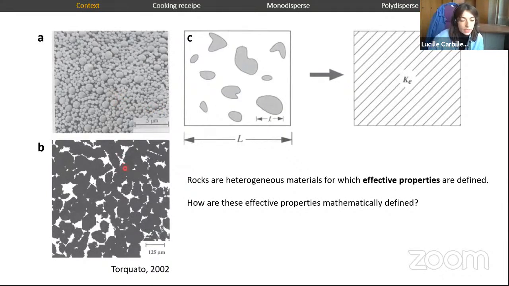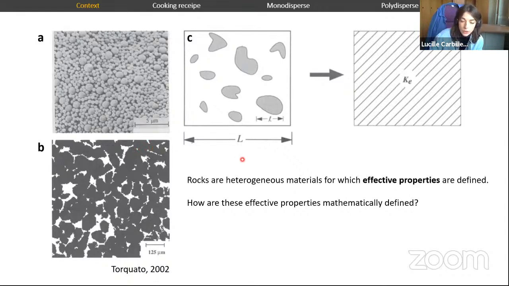And in B, you're looking at the internal structure of a sandstone, so a natural rock. In our work, we focus on heterogeneous materials like these 2 examples, materials for which the microscopic length scale is larger than the molecular dimensions, but smaller than the characteristic length of the macroscopic sample.